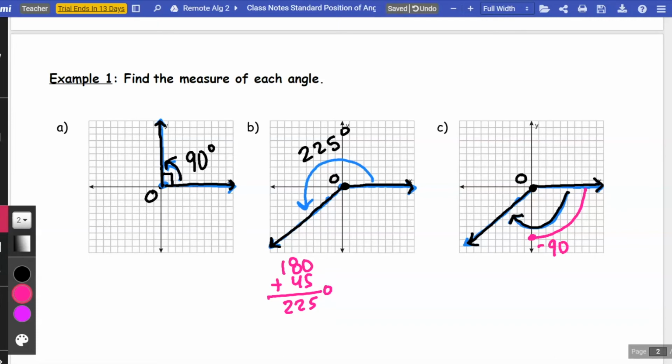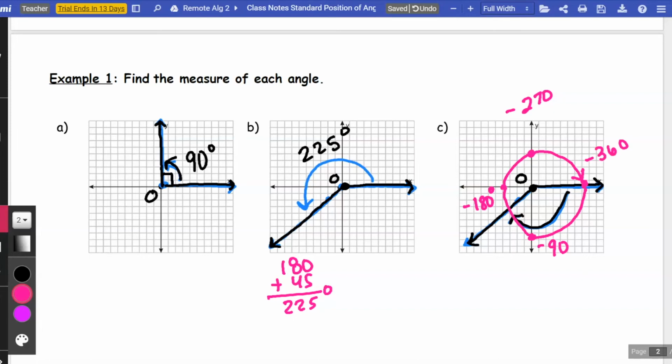Then here to here would be negative 180 degrees. And then if we continued that rotation and got to the positive y-axis, we would have a negative 270. And then back to the original positive x-axis, if we continued our rotation all the way full circle in the clockwise direction, we'd have a negative 360 degrees.